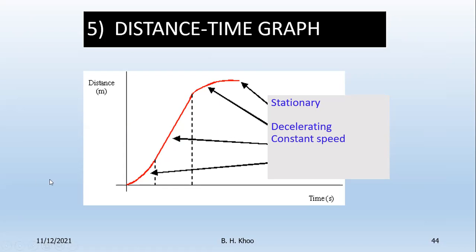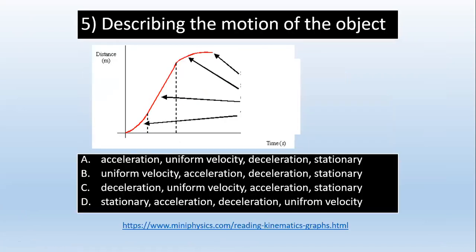This part, the slope starts from zero, increasing to a larger value, so it's acceleration, gradient increasing. Right? So you should be able to describe the motion. In this case, describe the motion of the object: acceleration, uniform velocity, deceleration, and stationary, or it stopped.